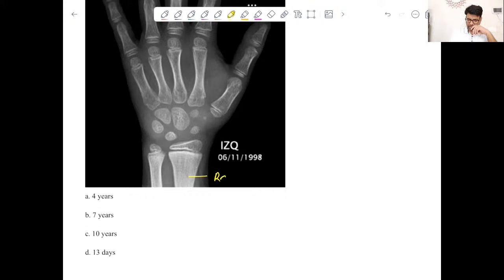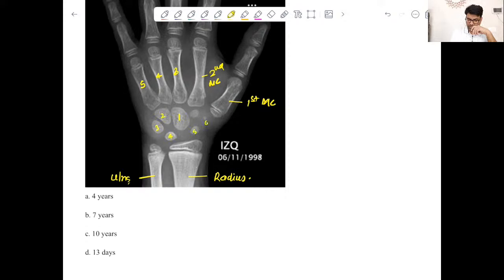So I think everyone can identify this is radius, this is ulna, right? This is first metacarpal, this is second metacarpal, third, fourth and fifth, right? So now we will count the number of carpal bones. Okay, so simply just count: 1, 2, 3, 4, 5.